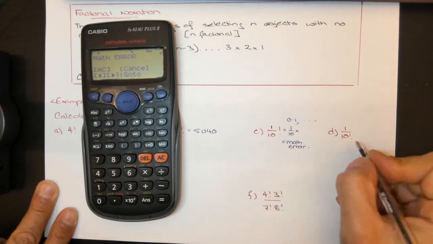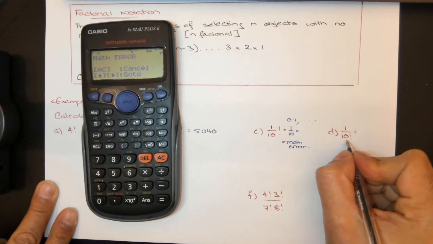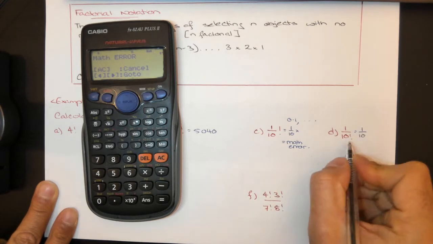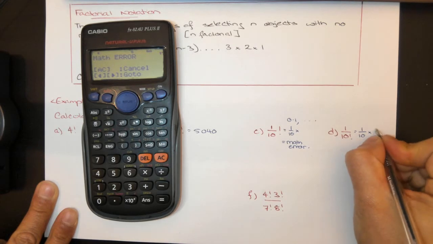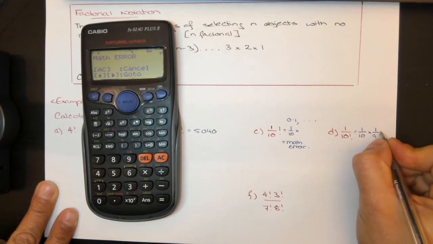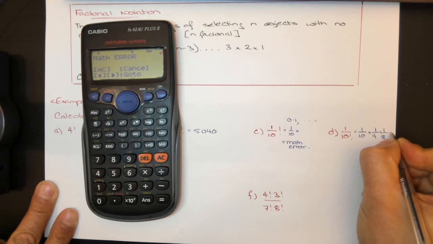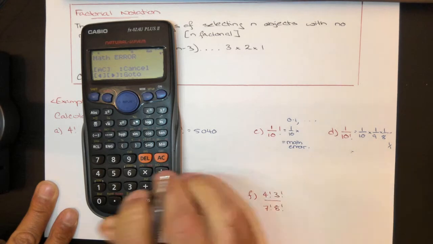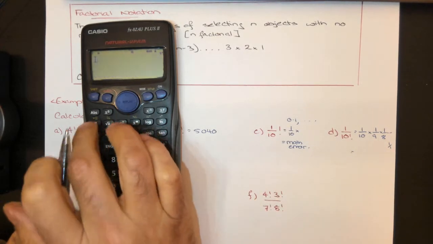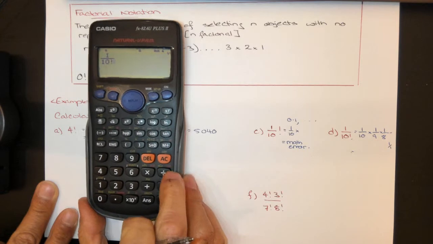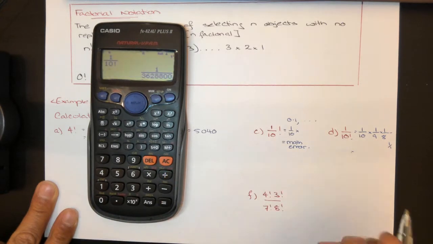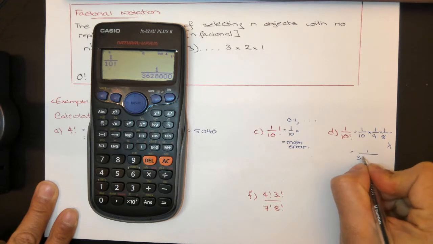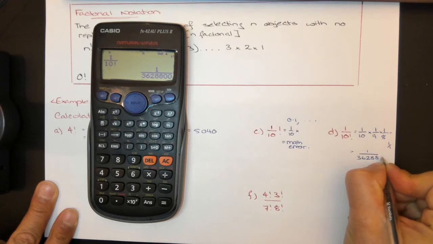But if you had 1 over 10 factorial, well, that means the denominator is what is being consecutively reduced all the way to 1 over 1, right? So in the calculator, you will type it as 1 over 10 factorial, and we would get 1 over 3,628,800.